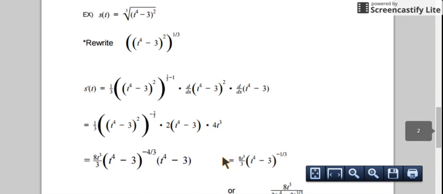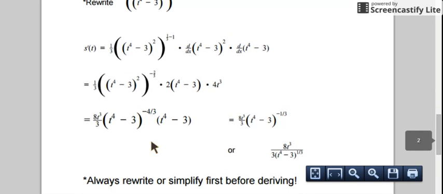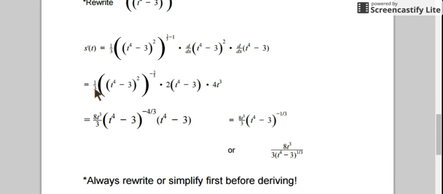Now we just got to simplify it all. 2 and 4t cubed times 1/3 is 8t cubed over 3. Here, if I simplify, I got a power raised to another power, so I'm multiplying my exponents. 2 times the negative 2/3 is negative 4/3, and I still have this t to the 4th minus 3. I could then rewrite all of that, or I could keep it in this form.